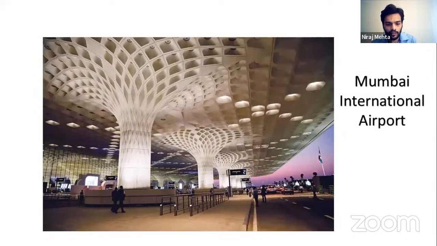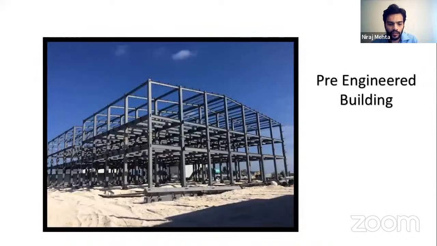Now let us see what are the different structures that a structural engineer would design. This is a snapshot from Mumbai International Airport, which was designed by SOM, a US firm, Skidmore, Owings & Merrill. Then a structural engineer also has to design pre-engineered buildings.